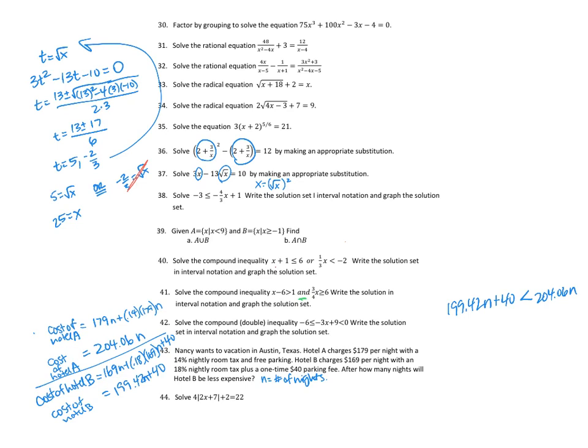And so I can solve for n here in this inequality. So I can subtract the 199.42 n from both sides.